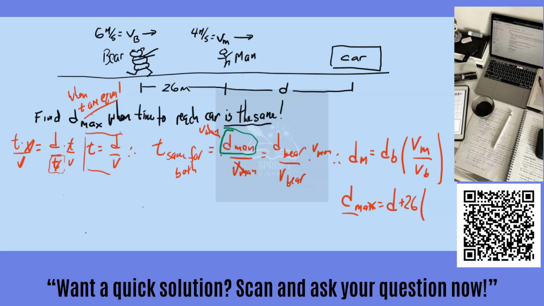And then we have here the velocity of the man, which is 4, divided by the velocity of the bear, which is 6. This is wrong, actually, and the reason why it's wrong is because you have to multiply the d plus 26 times the 4/6, not just the 26. The d plus 26 is the distance of the bear.